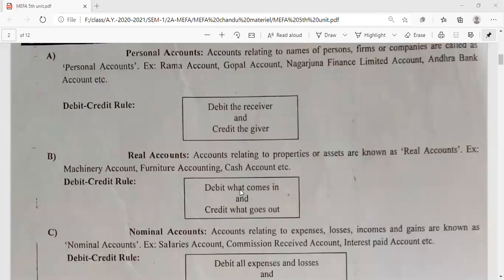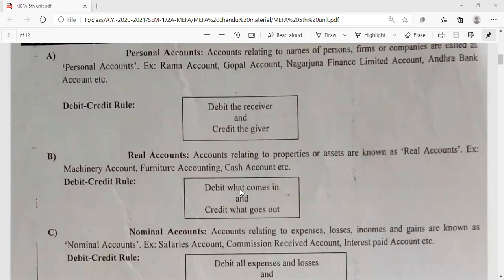Next one is the nominal accounts. Nominal account in the sense accounts relating to the expenses, losses, income, and the gains are known as the nominal accounts. Example for the nominal account is salaries account, commission received account, and interest paid accounts.